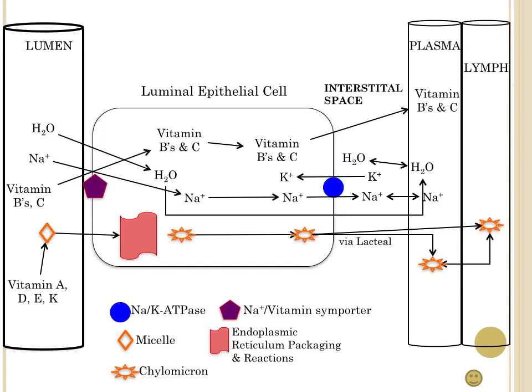When we look at measurements of the fat-soluble vitamins, we have to be very careful, because just because you have low levels in the plasma does not mean you have a vitamin deficiency, because fat-soluble vitamins can be found in any tissue that has what? Fat, because it's fat-soluble. Questions?